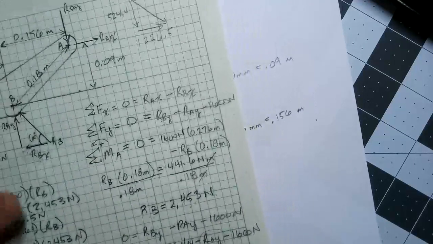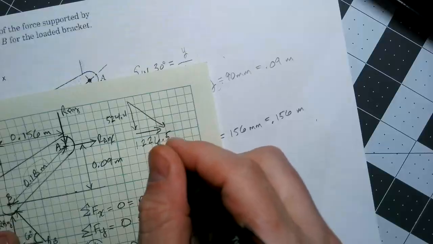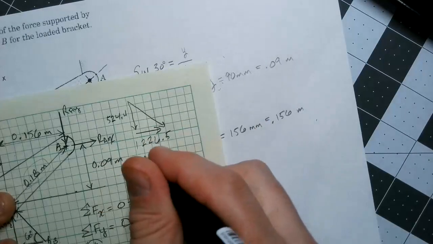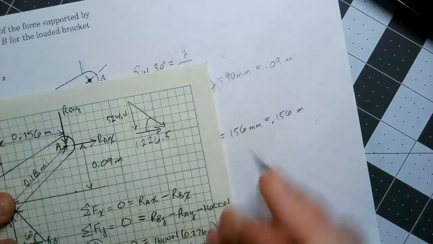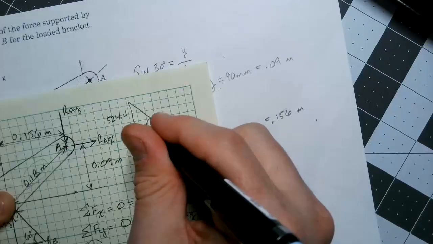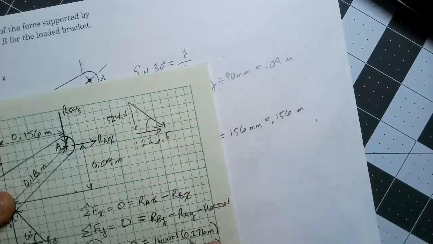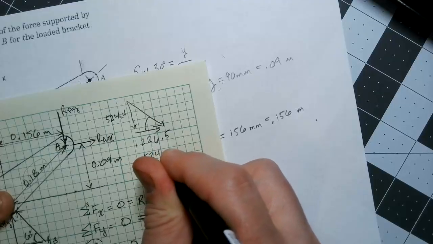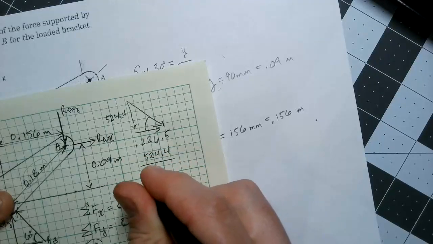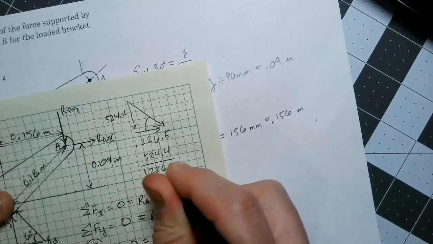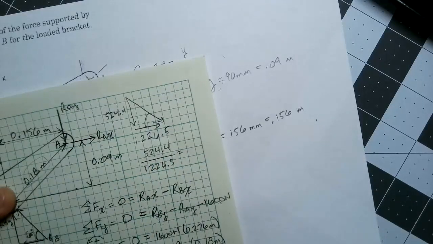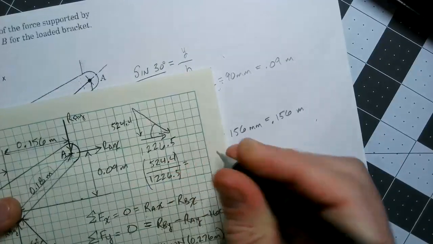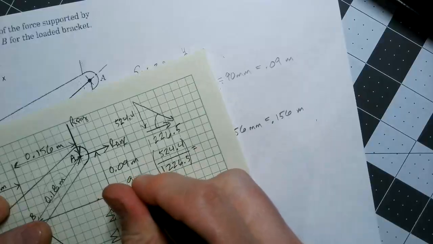But now let's figure out what the angle is that it's being applied. So again, we go back to our triangle that we drew up here. If we want to know the angle, we can do it a couple different ways, but we'll do it off the horizontal. That's simply a tangent function, opposite over adjacent. So we take 524.4 and divide it by 1,226.5, and we take the inverse tangent, or the arc tan, of that.